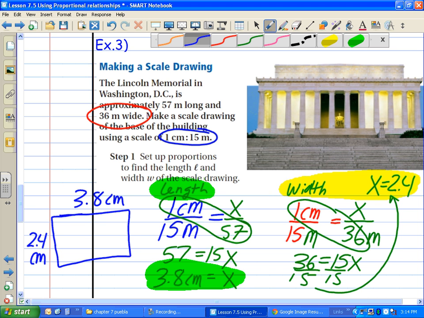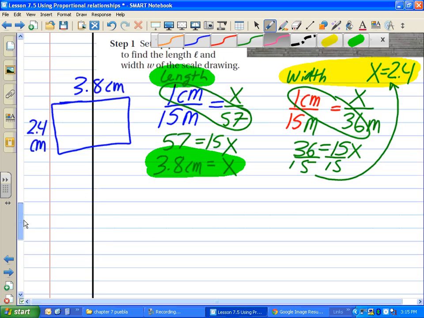That's all they really wanted you to do. They wanted you to be able to scale it down to something smaller, like it is right here. And I think that's about it.